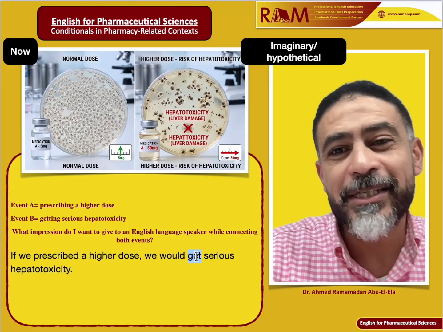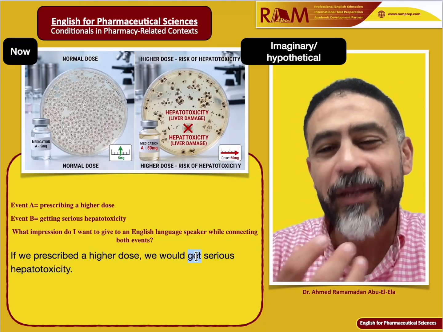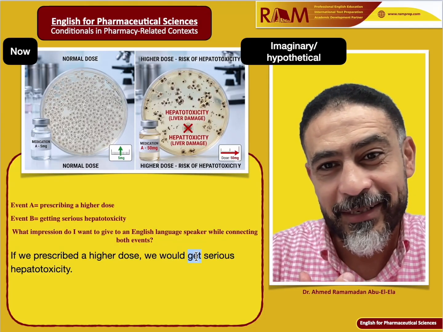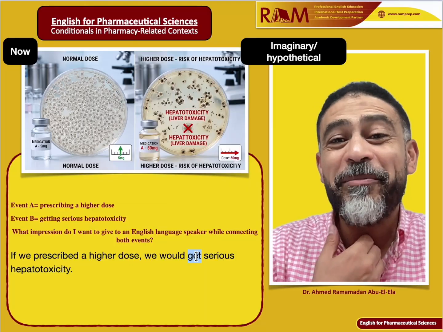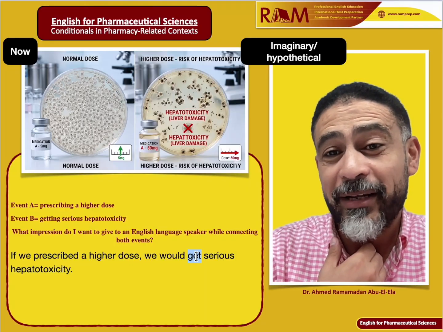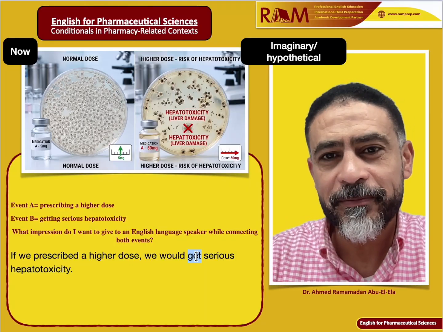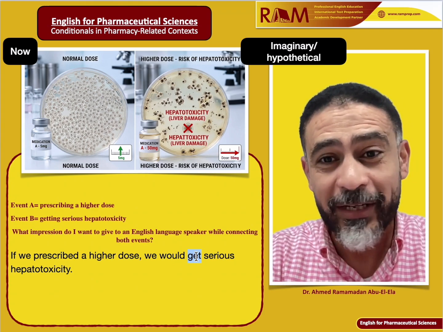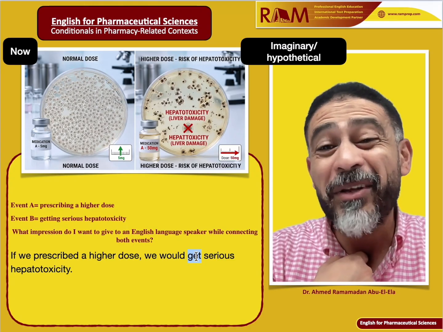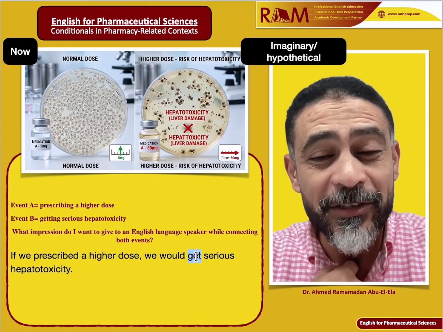Okay, and this is the cool thing about the use of a second conditional. Right now, I'm a pharmacist. I'm talking to you right now, everyone. I'm a pharmacist. I'm not the Minister of Education, okay?